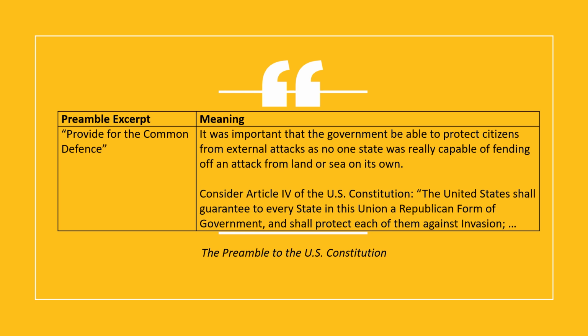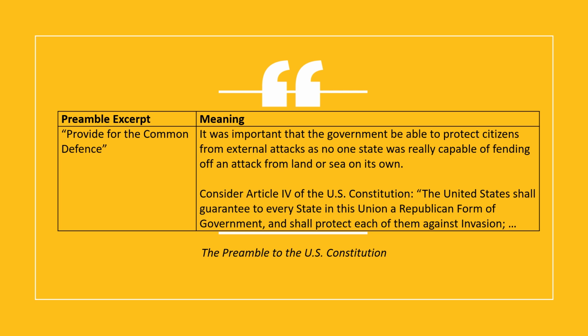This simply wasn't going to happen, because the purpose of the preamble was to say the government will be structured to provide for the common defense. And that way the citizens are protected from external attacks.